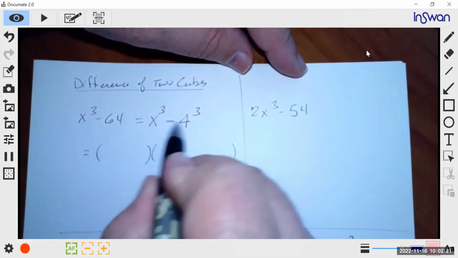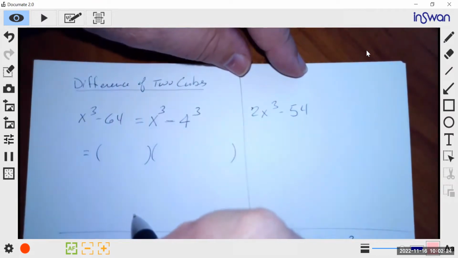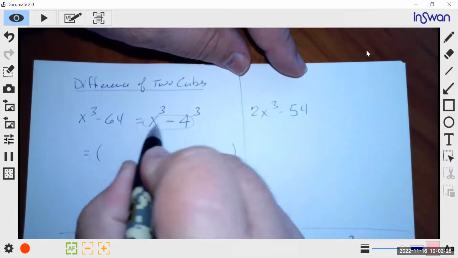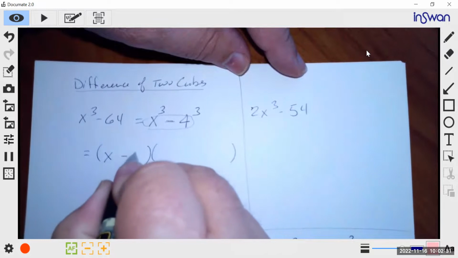Since it's the difference of 2 cubes, I take whatever's under the cubes and put it in the first spot.